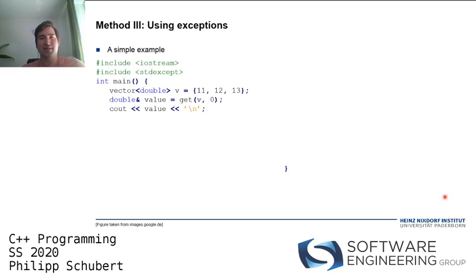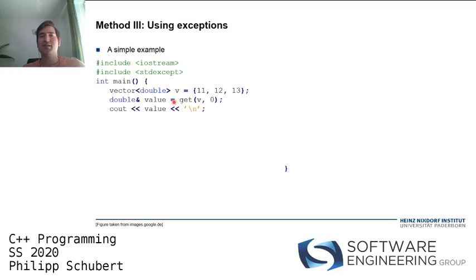So let's have a simple example. Again, that's a very naive example. That code doesn't do anything useful, but you can hopefully transfer this situation into a more exciting situation. We initialize a vector variable v containing the elements 11, 12, 13. You see the valid indices of v would be 0 to 2: the 0th element, first element, second element.